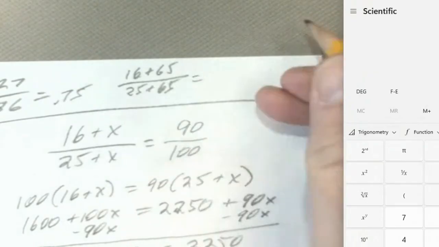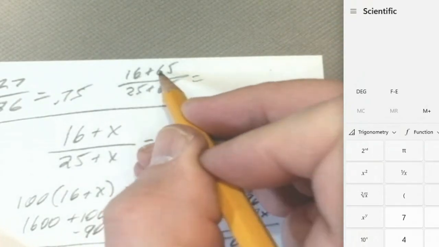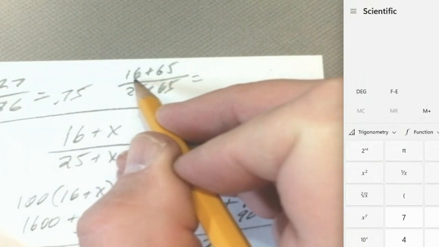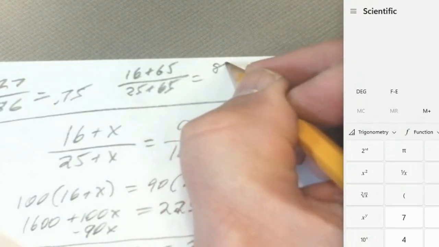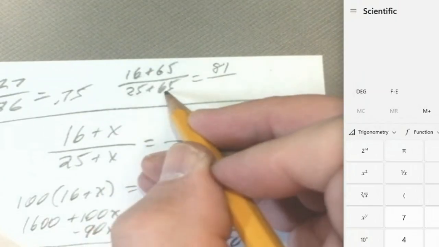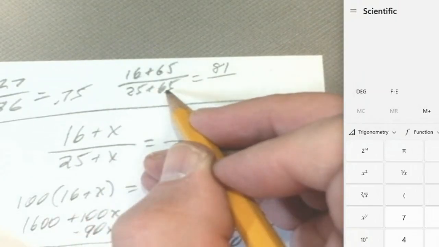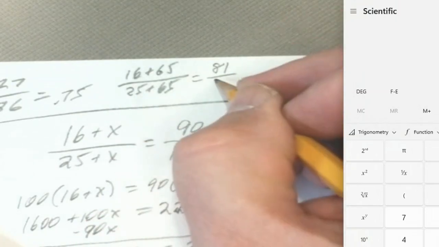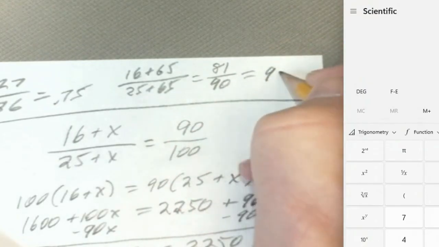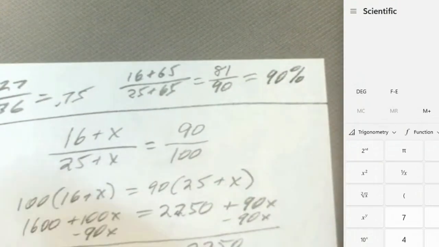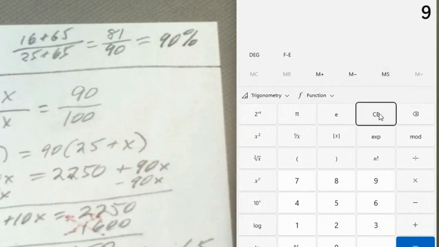See if this is 90%. 65 plus 16, so 81. 25 plus 65: 20 plus 60 is 80, plus 5 plus 5 is 90. 81 out of 90, 0.9 or 90%. Just for those of you, 81 divided by 90 is 90%.